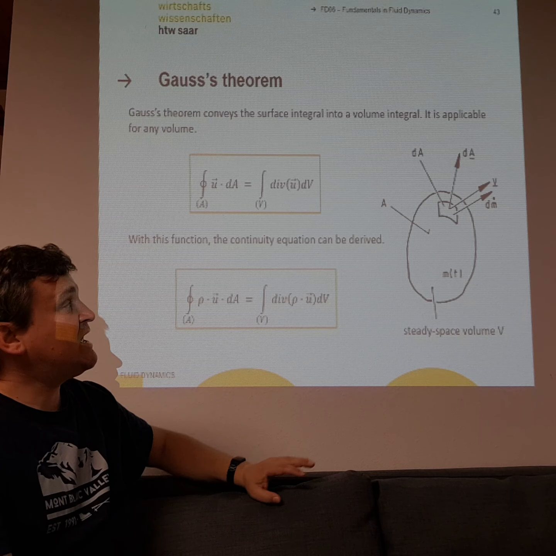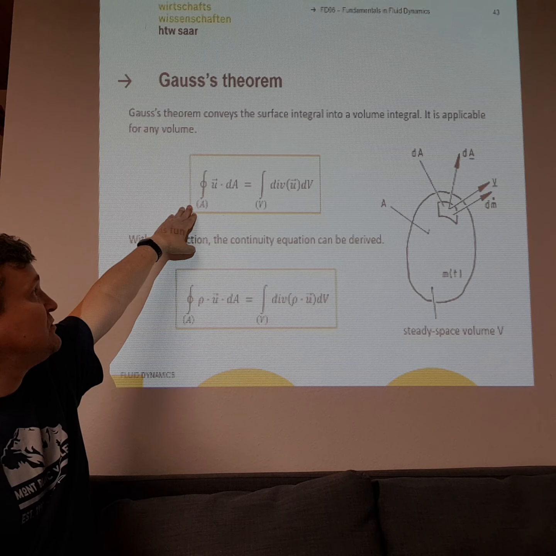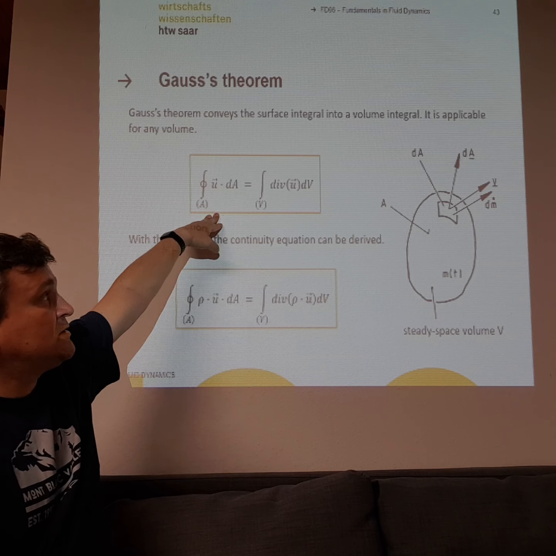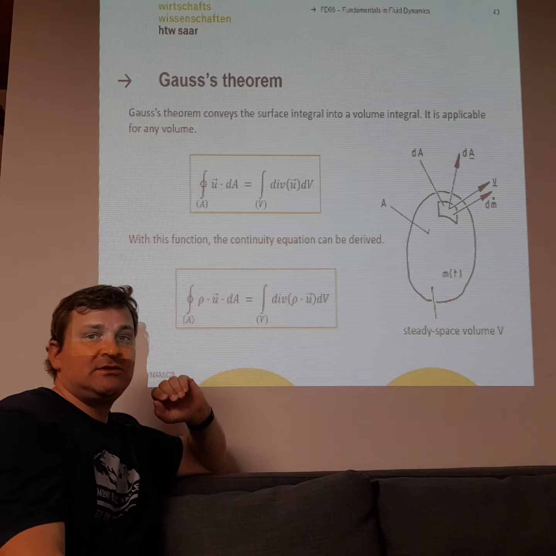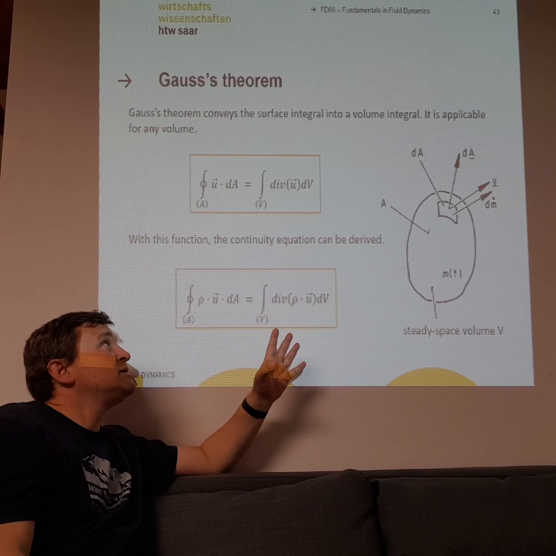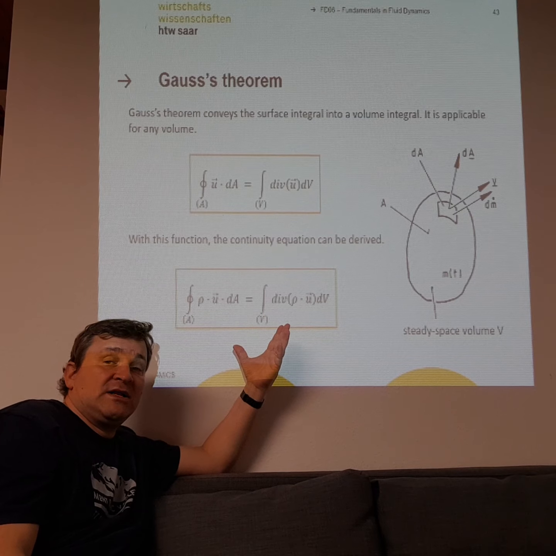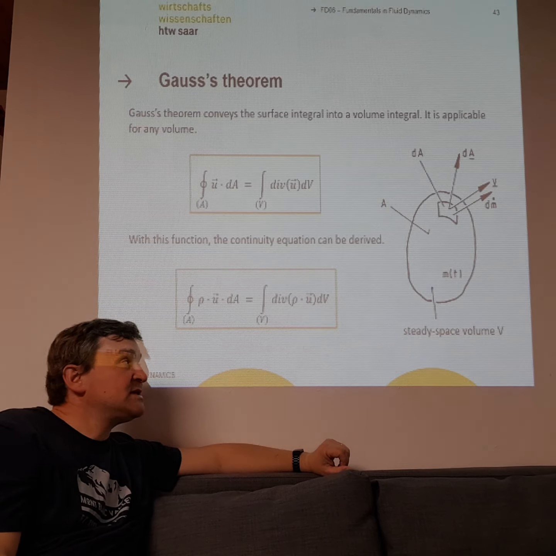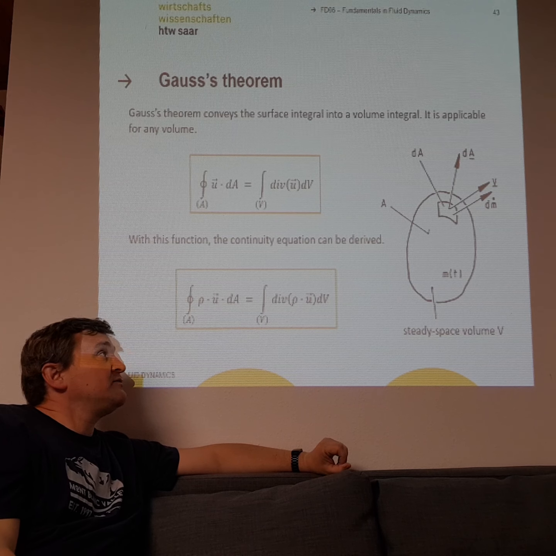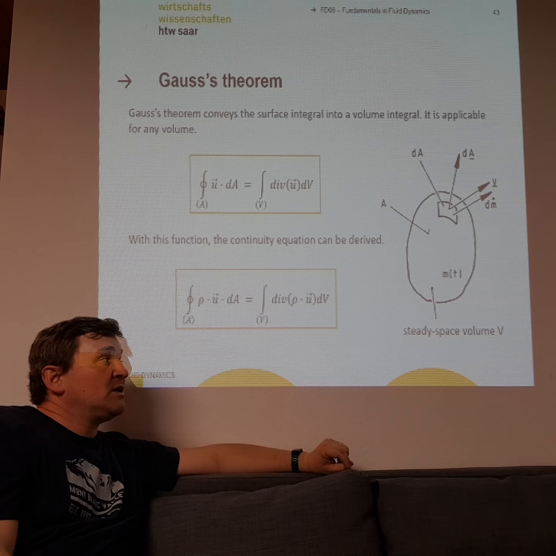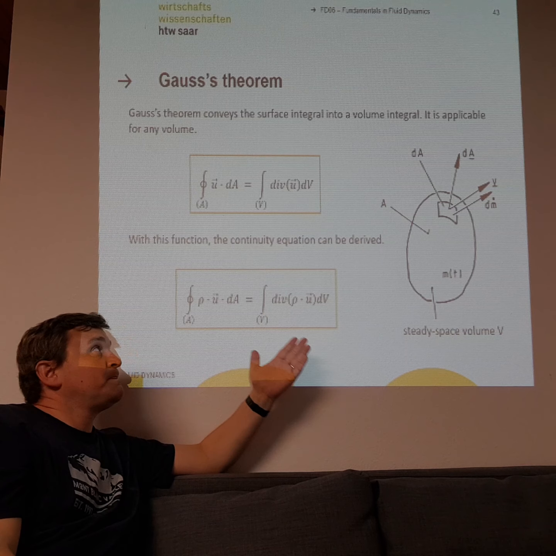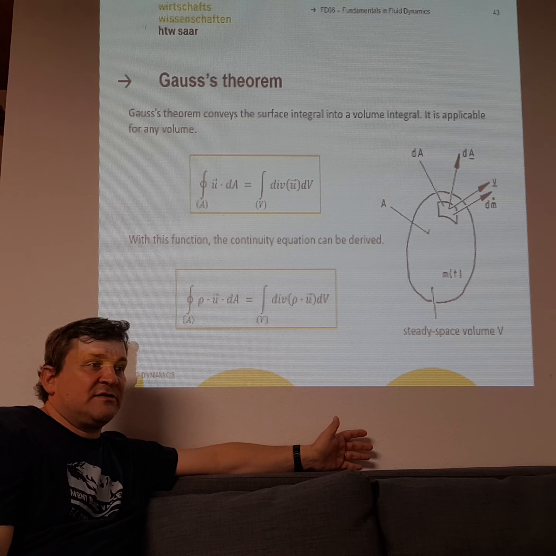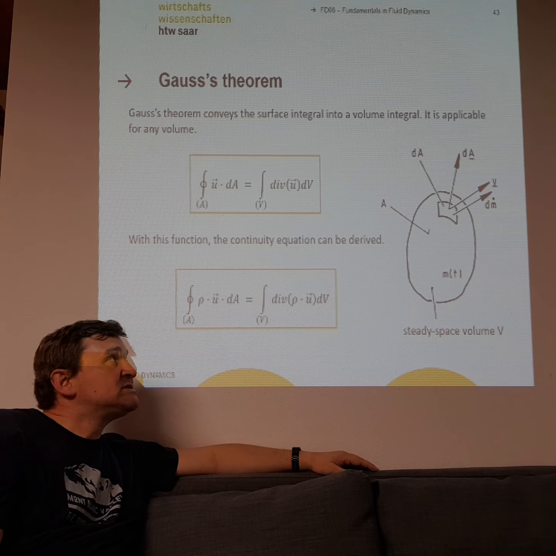If you have such a control volume and you define all the mass flows that go over every small area into this volume or outside this volume, then you have the integral value for the change inside the volume. Okay, that's the so-called Gauss theorem, and with the Gauss theorem you can solve the description of the integral value of the mass inside such a volume.